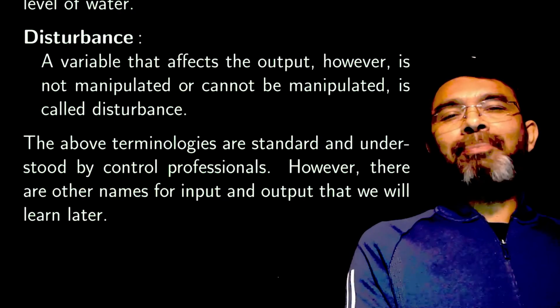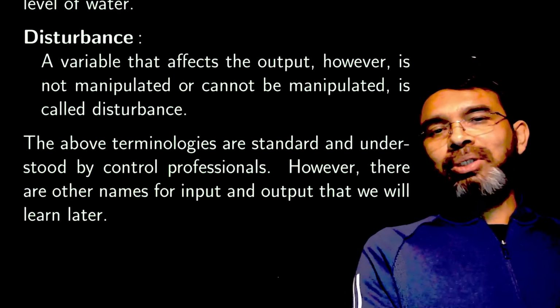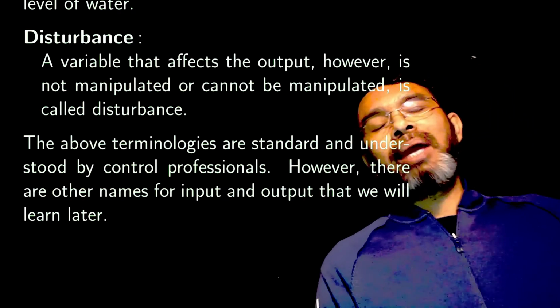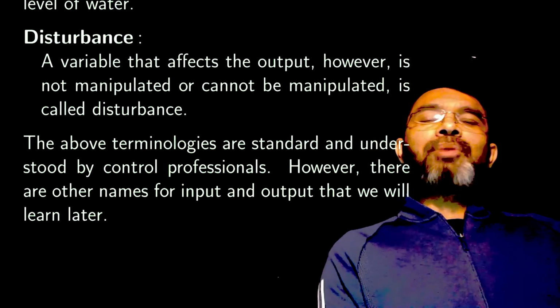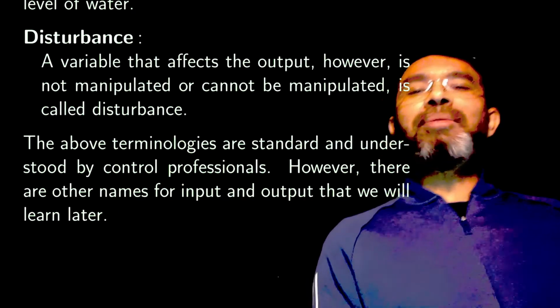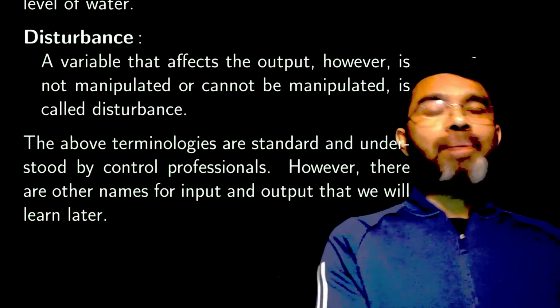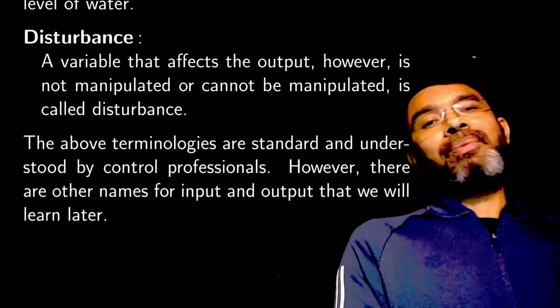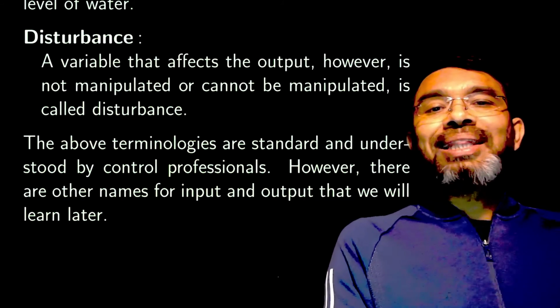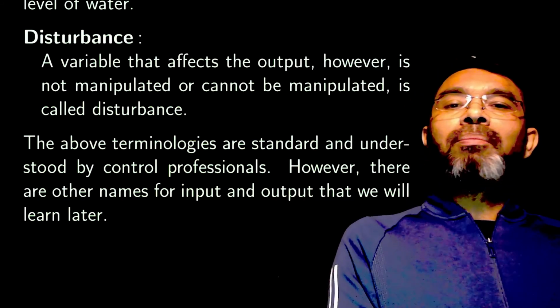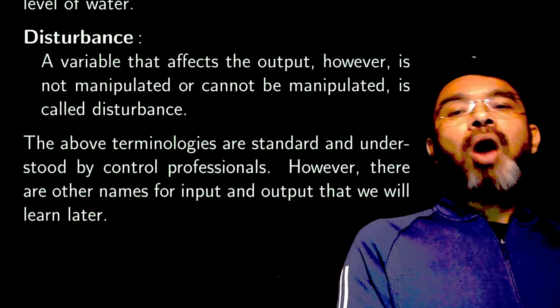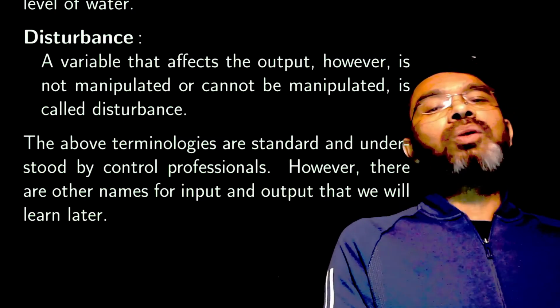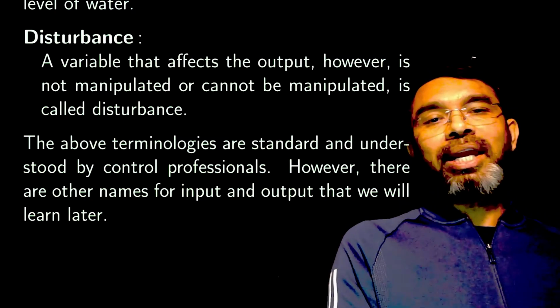So control objective, output, input, and then in between we learned that there is another term called the set point. So set point is nothing but the desired value of the output. Another term we learned is the disturbance, meaning the variables that affect the output but we cannot manipulate or we choose not to manipulate.